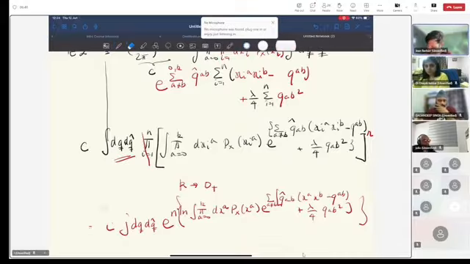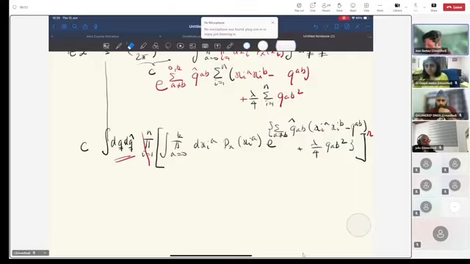I could have written something simpler. Yes, I can write, all the terms that depend only on Q can be taken out of this integral, okay? They do not depend on x. So I can factor them out.